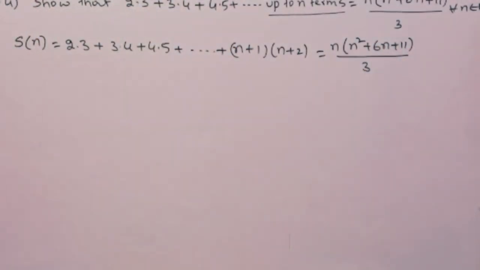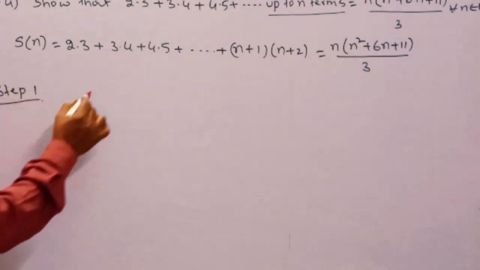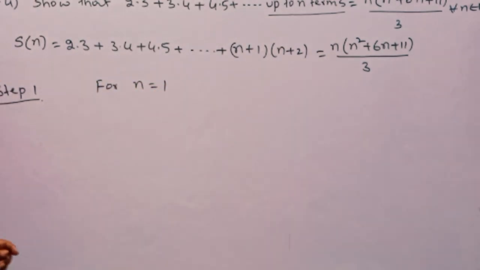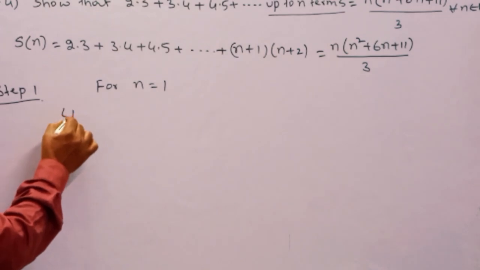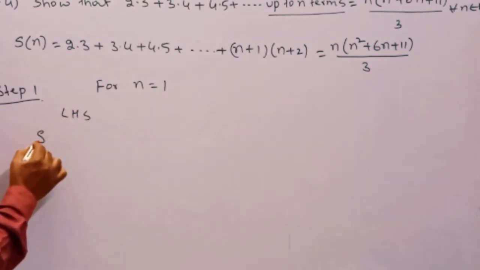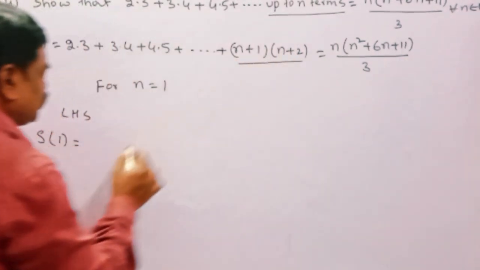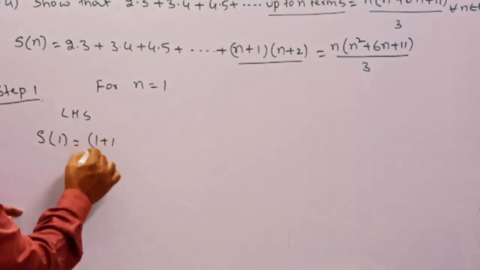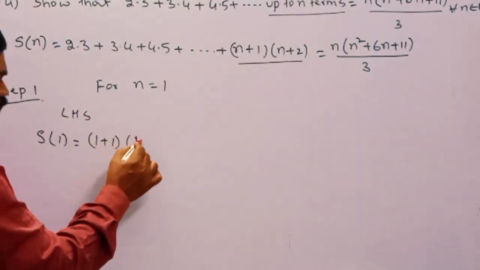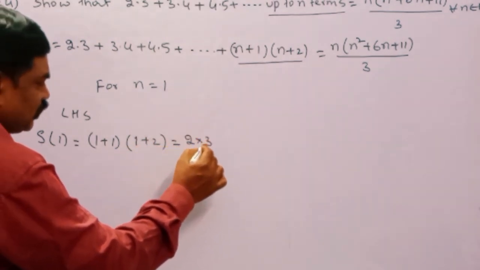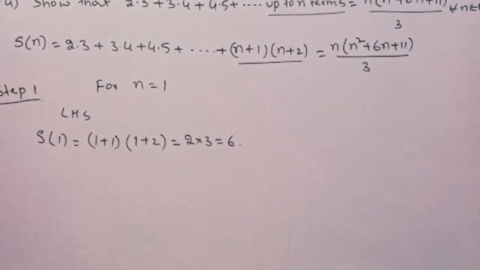So here, step 1, for n is equal to 1. What is the statement? LHS, that is S of 1, equal to 1 plus 1 into 1 plus 2, which is 2 into 3, equal to 6.